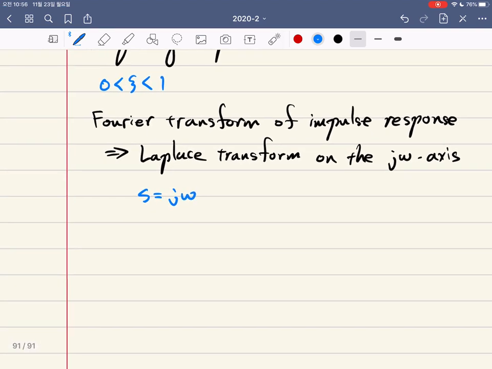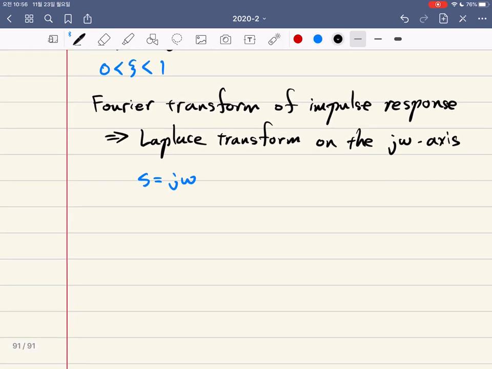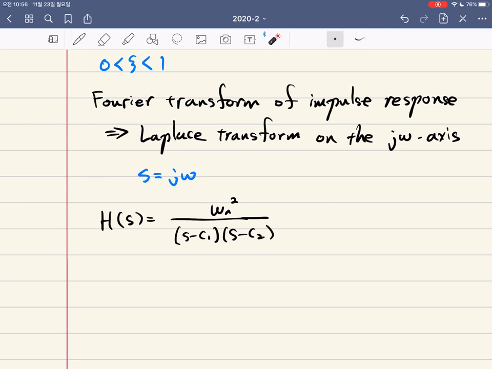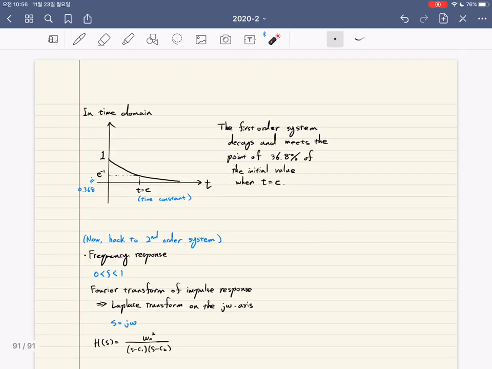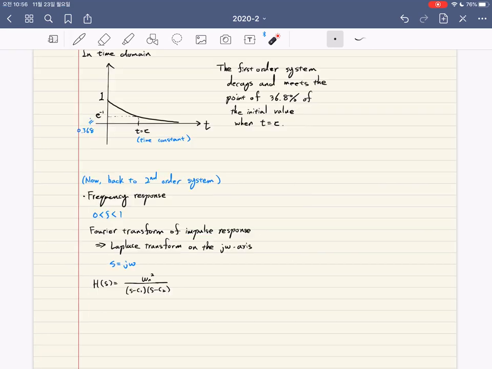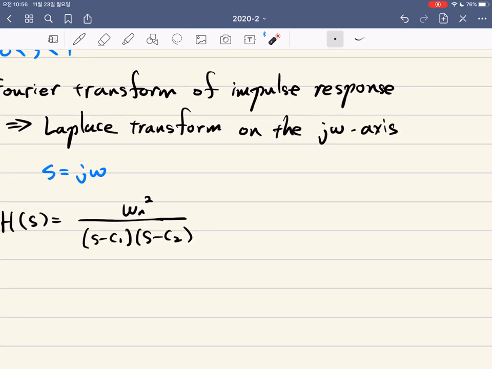Therefore, if I have H of S as omega n squared over (S minus c1) times (S minus c2), where c1 and c2 are these, right?